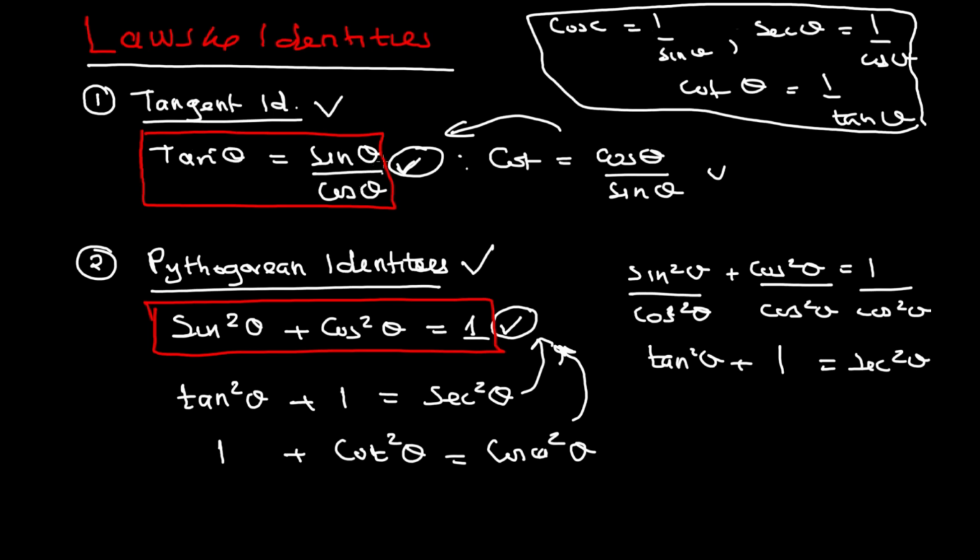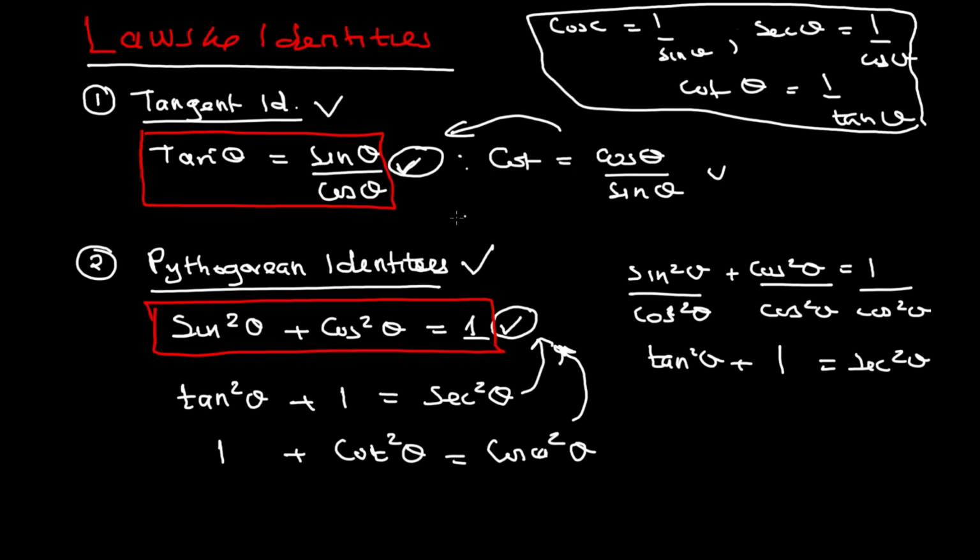The first relationship between these three is tan theta is equal to sine over cos theta. Then there's a special relationship between sine squared theta and cos squared theta: they give you 1. Then you can derive the other ones from there. These are just inverse relationships. So those are the main ones that we have to know.